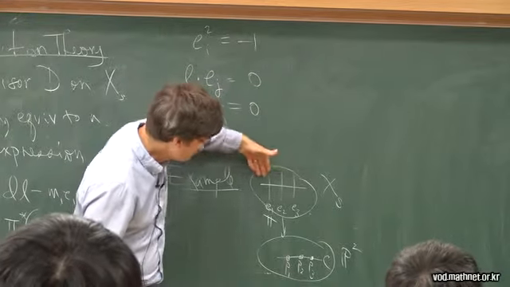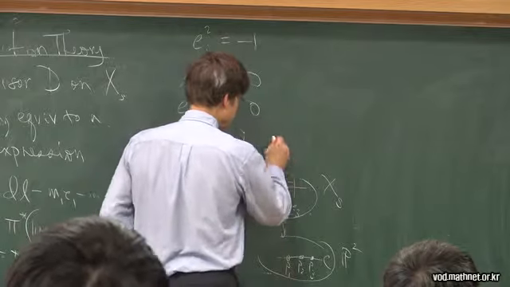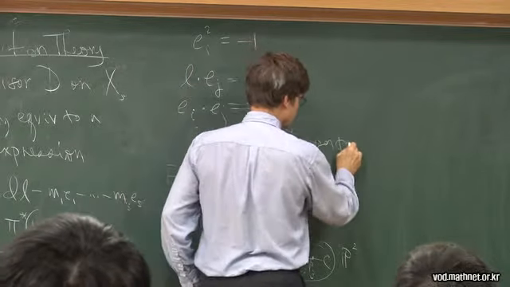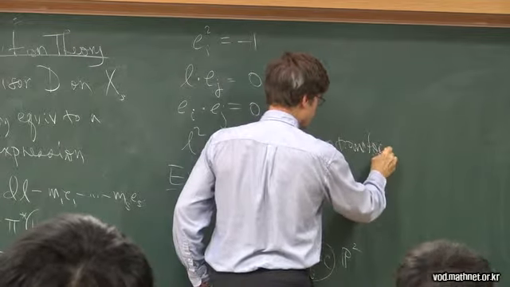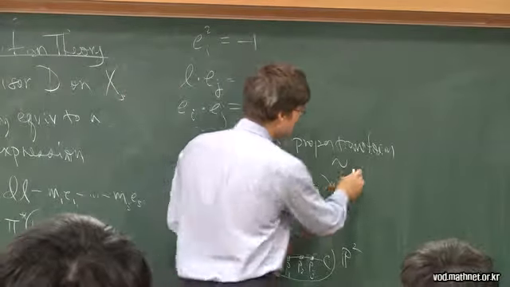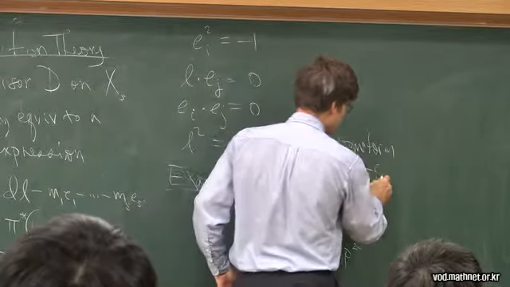And then the proper transform of the line C, that's linearly equivalent to a line, and I can subtract off the blow-ups of the 3 points.